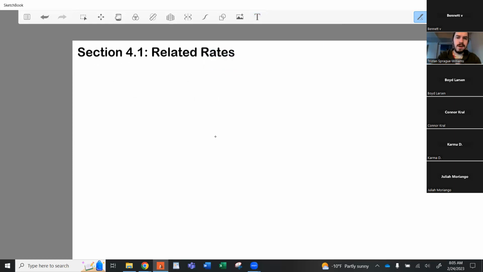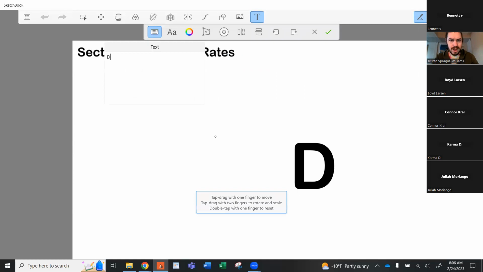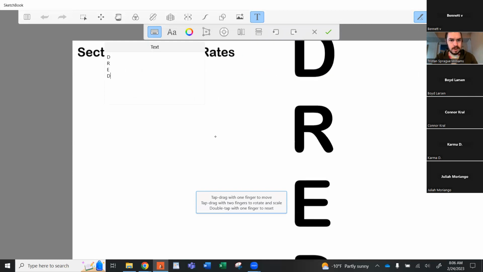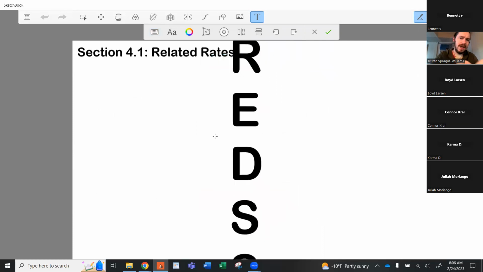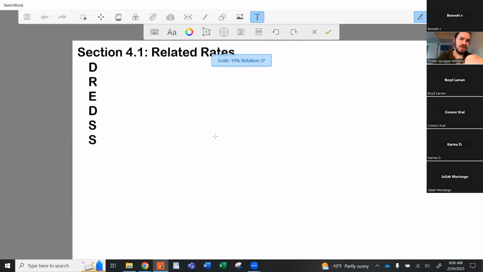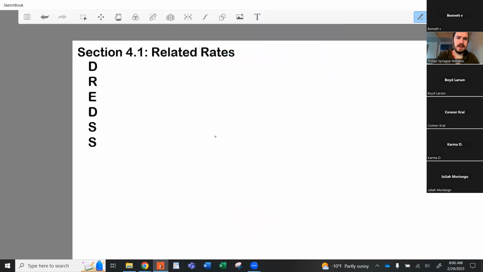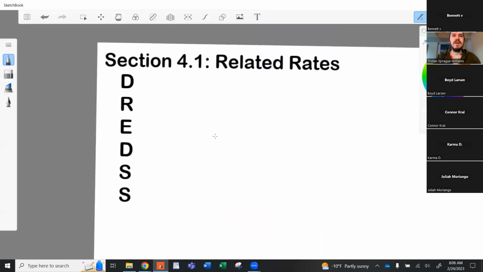Okay. So before I begin, let's review DREADS. DREADS is an acronym for a particular strategy that we can apply. It's like a very sort of organized approach to solving a related rates problem. First of all, you draw a diagram.